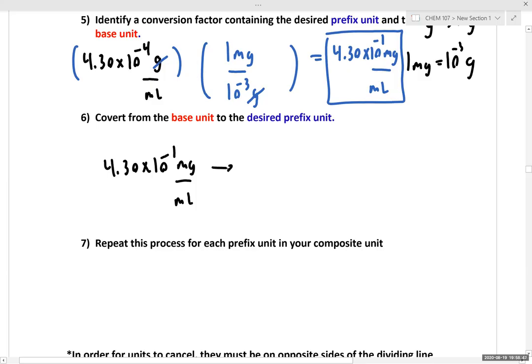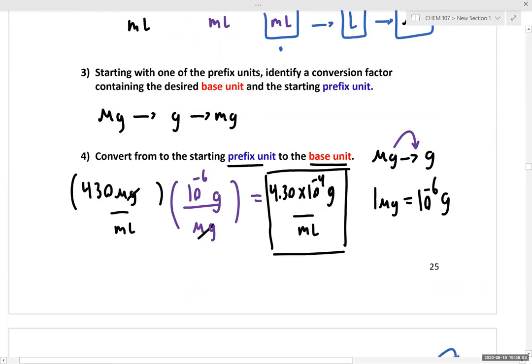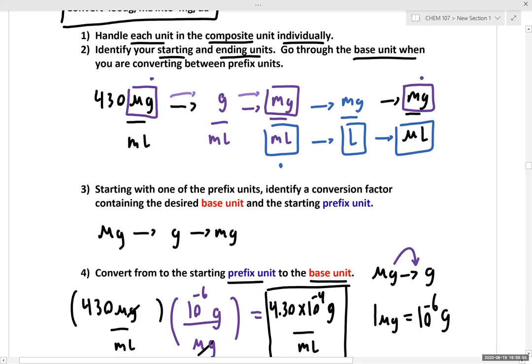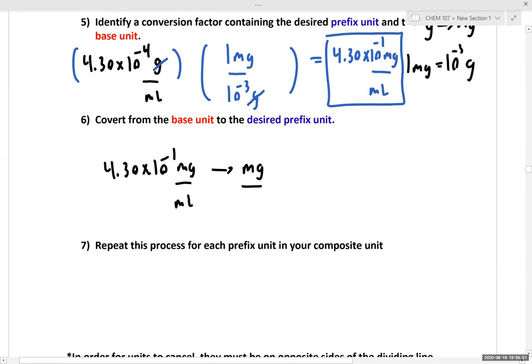If our end goal is milligrams per microliter, as at the start of our problem, then we need to go from 1 over milliliter to 1 over microliter, and we identified our intermediate unit as 1 over liter.